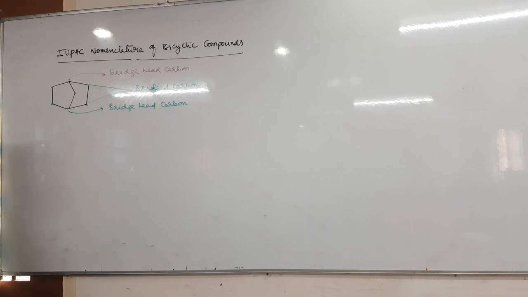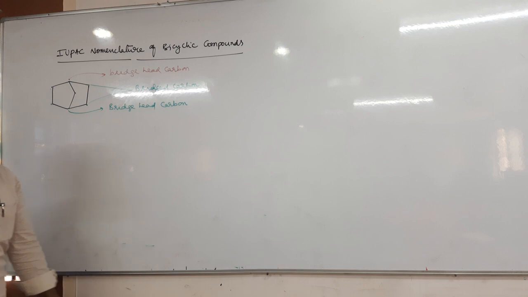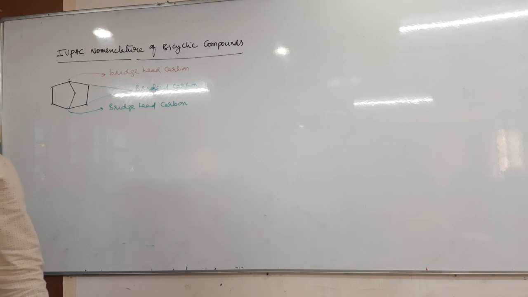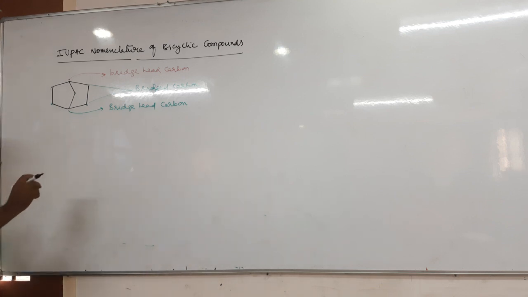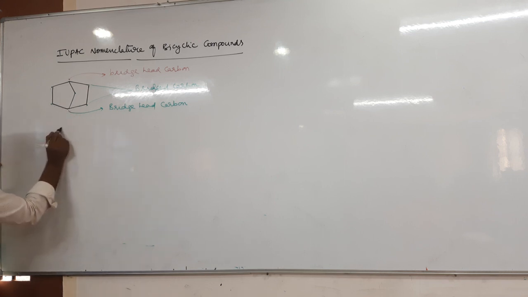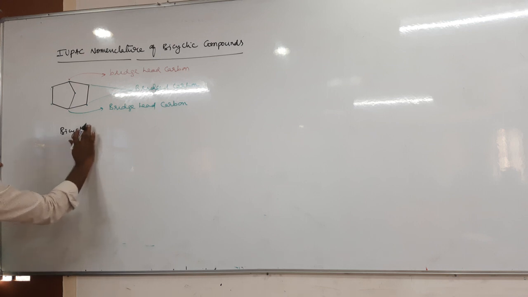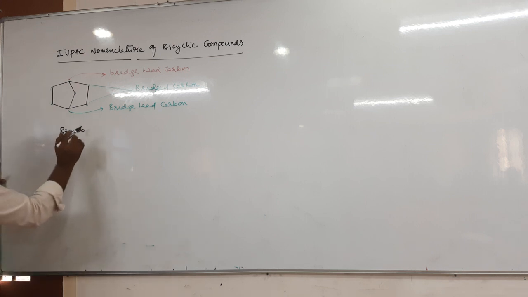Now, what is the IUPAC name of a bicyclo compound? It's very simple. While writing the name of a bicyclic compound, the word bicyclo should be written first. Then the number of bridged carbons should be written.